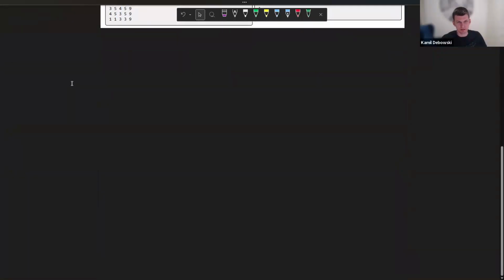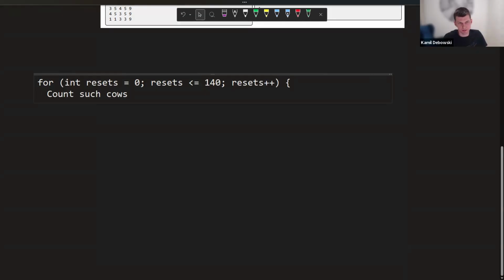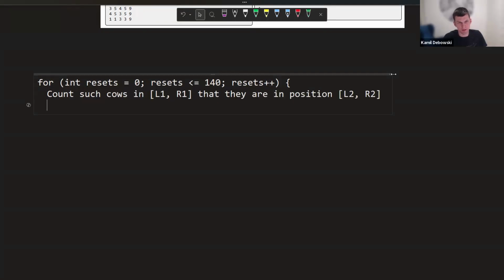My main idea for a solution: for every number of resets from 0 to like 140, I want to count such cows in ID range L1, R1 that they are in position range L2, R2 after time t, after exactly that many resets.